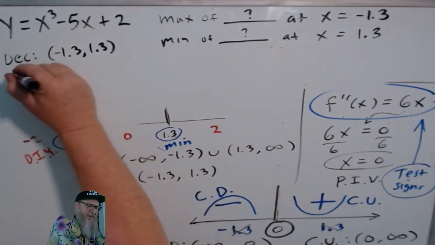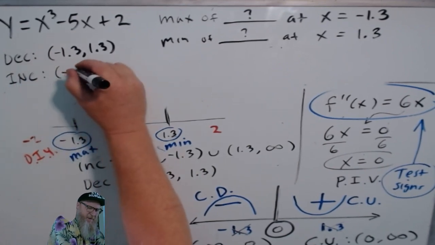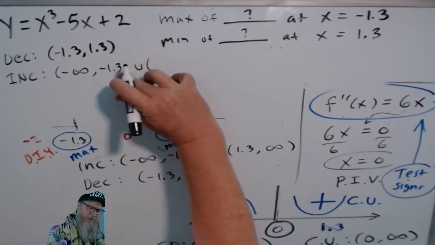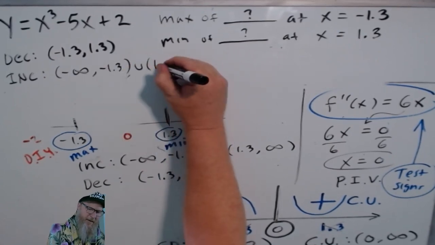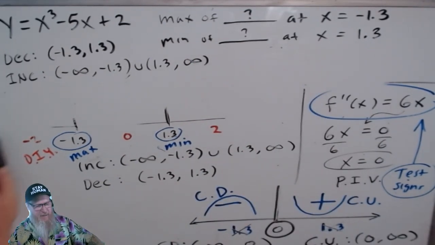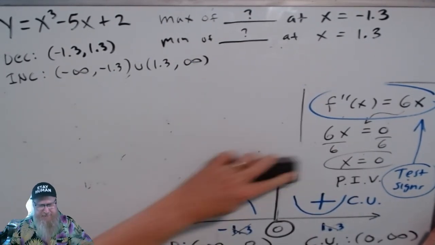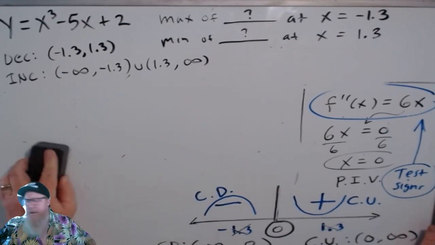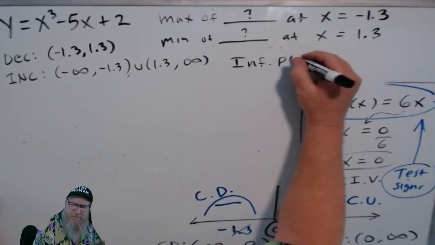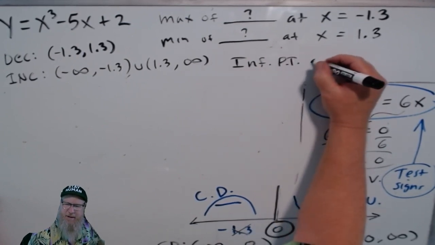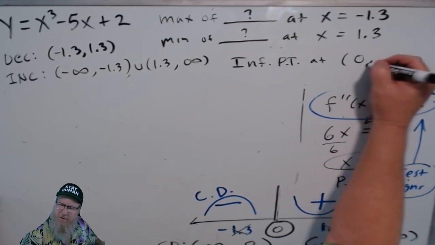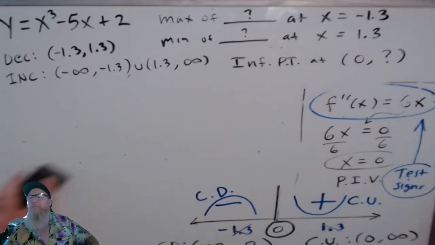I've got increasing from negative infinity to negative 1.3 union positive 1.3 to infinity. And I've got an inflection point at 0, I don't know. I have to figure that out.